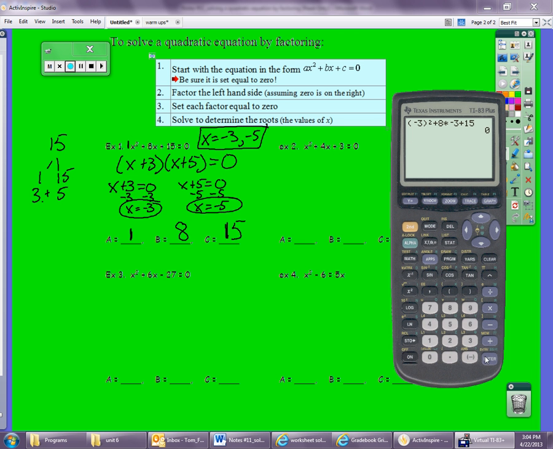So I can check them, and if I put negative 5 in also, negative 5 squared plus 8 times negative 5 plus 15, that gives me 0. So that shows me that they are solutions to this quadratic equation.